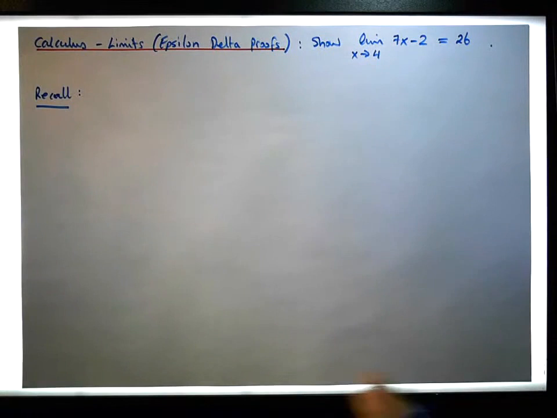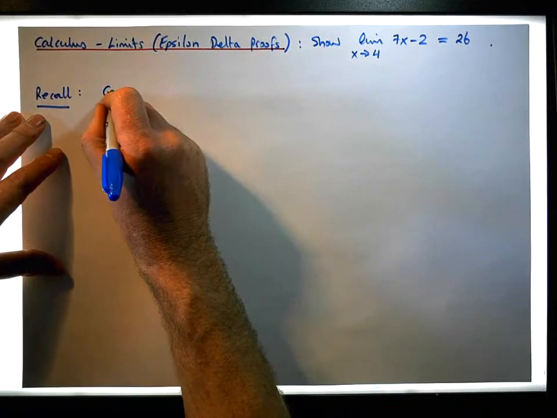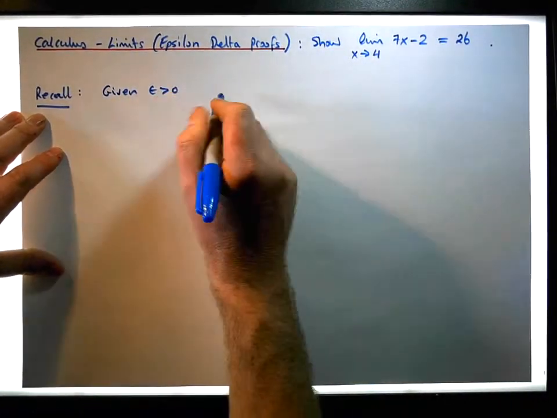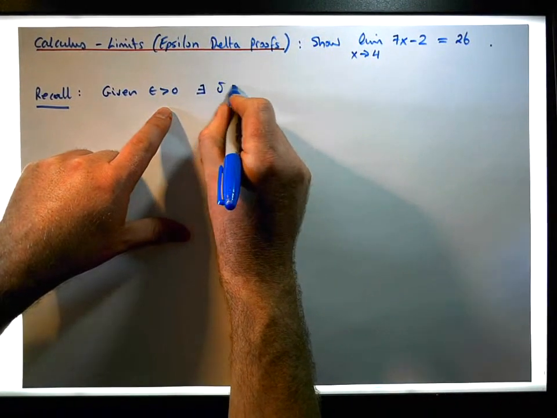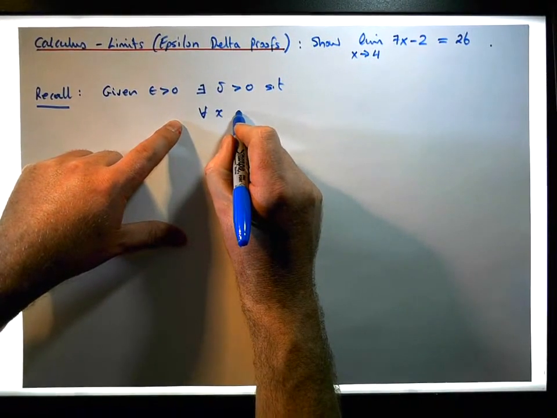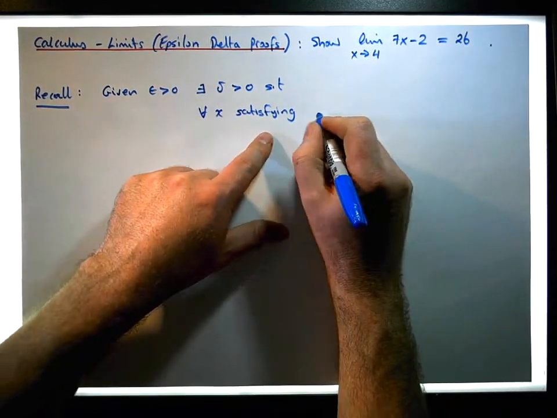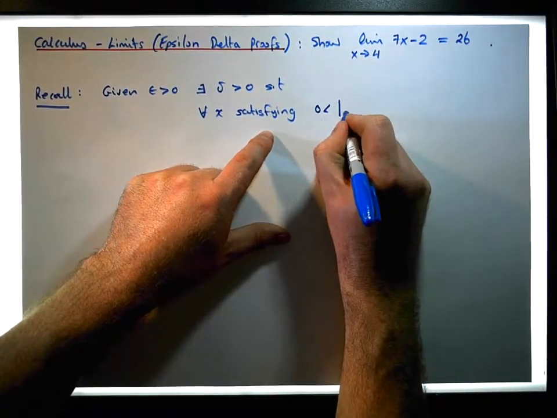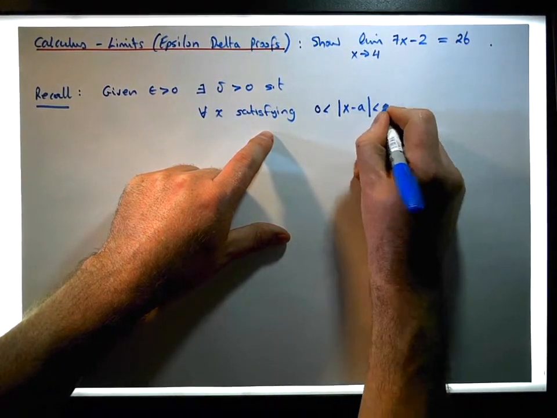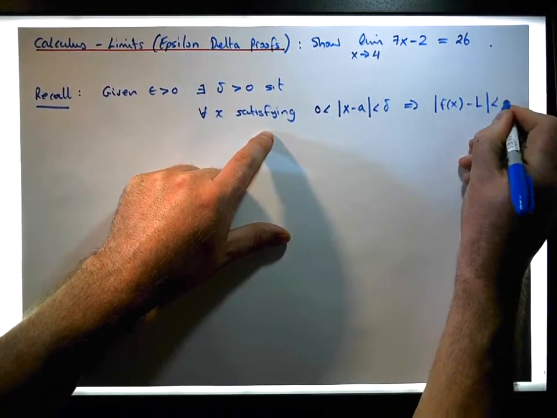Given a function f, we say that the limit of f as x tends to a specific value exists if, given an epsilon greater than 0, there exists some delta greater than 0, such that for each and every x satisfying the premise that 0 is less than the absolute value of x minus a, which is less than delta, that implies that the absolute value of f of x minus L is less than epsilon.